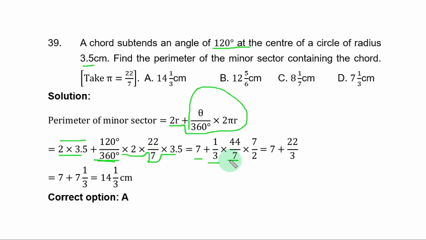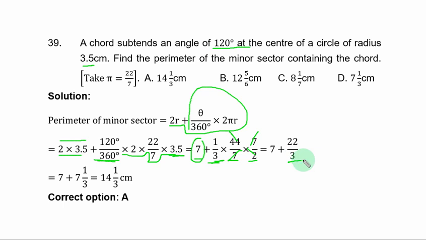The given answer is in mixed fractions. We can convert this to an ordinary fraction or common fraction, and that is 7 over 2. Now from here, 7, we cancel 7. Divide 44 by 2. You have 22 remaining over this 3.